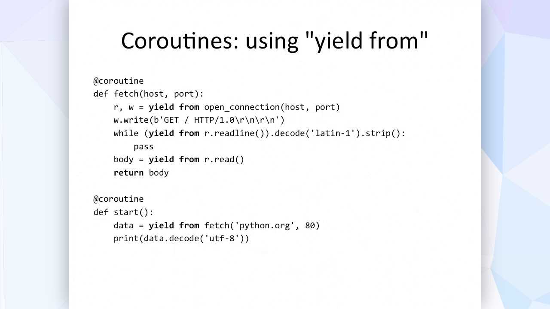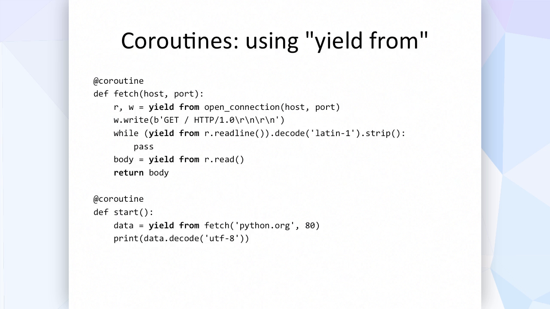And just to show that they're just functions that call each other, here's another coroutine that just calls the first coroutine. It yields from the first one. So at this point, this instantiates the generator. The yield from then waits for all this code to execute. All these blocking things are also blocking here.